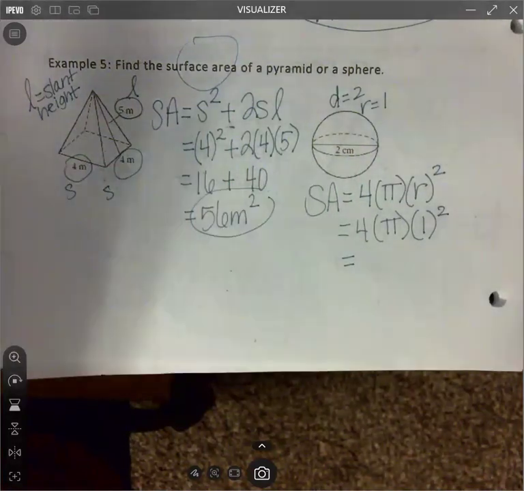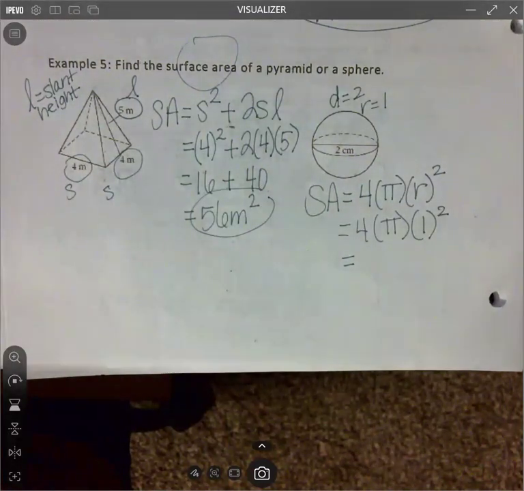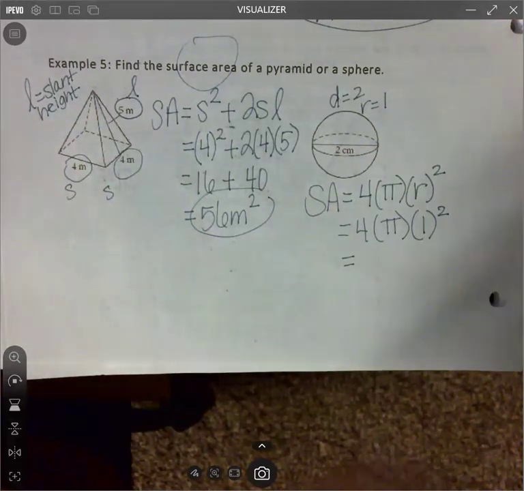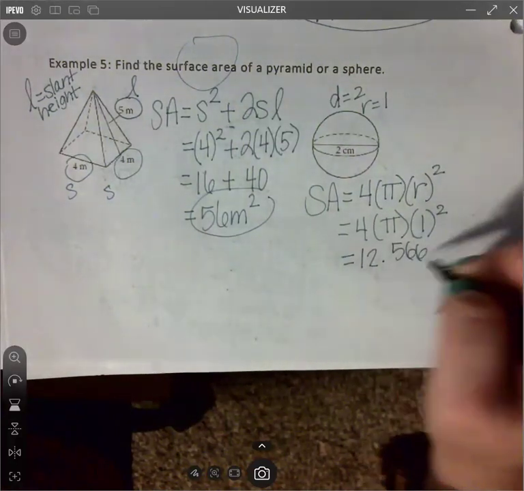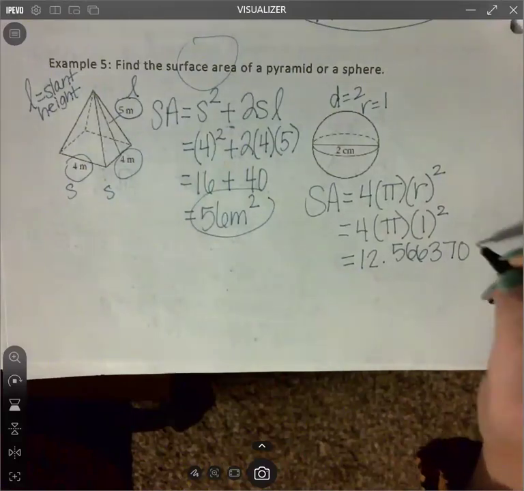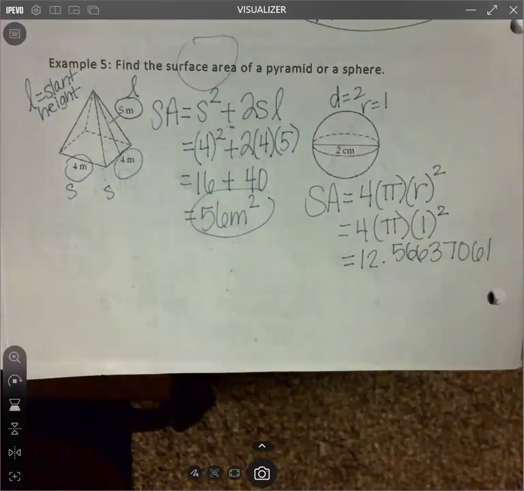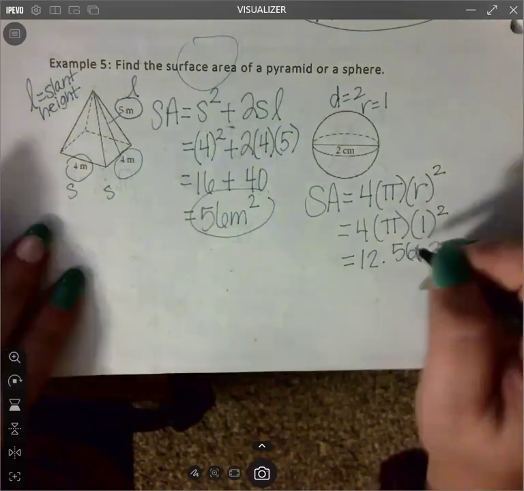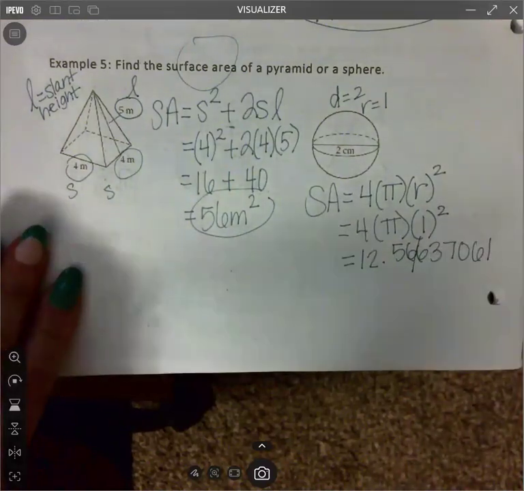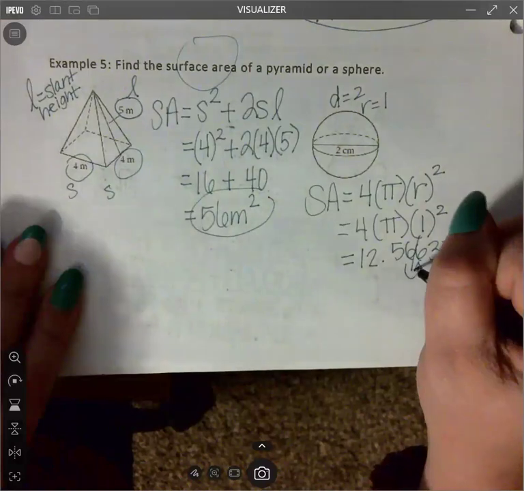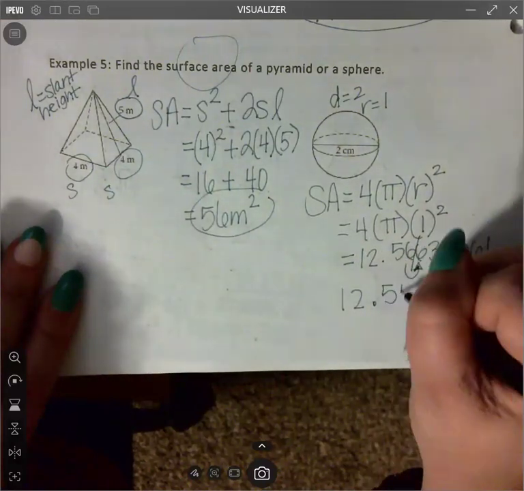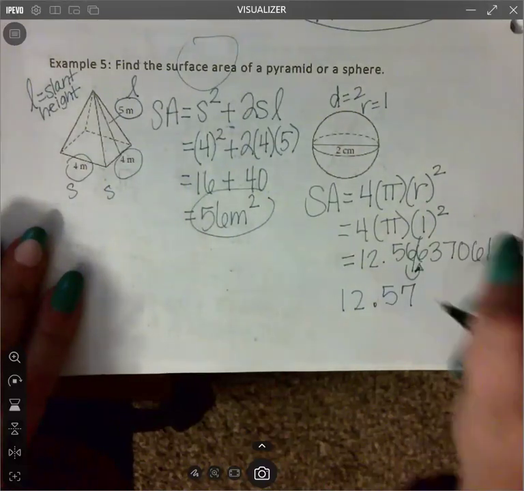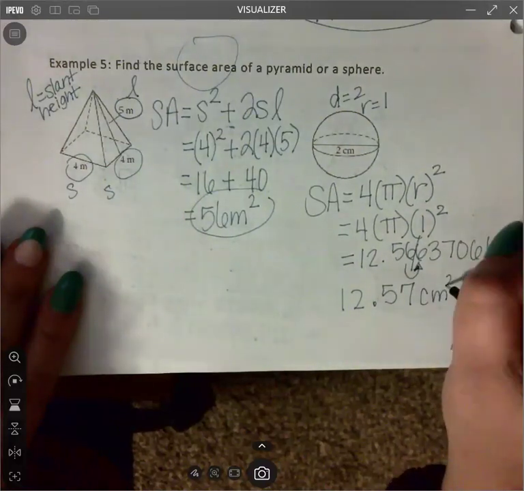And so we have 4 times pi times 1 squared. And again, it didn't ask us to round to anything specific. So I'm going to do my rule of thumb, 2 decimal places. And I'm going to be rounding up. So my final answer is 12.57 centimeters squared.